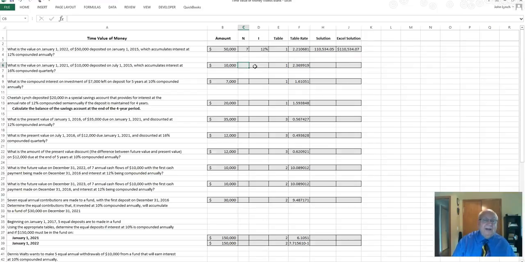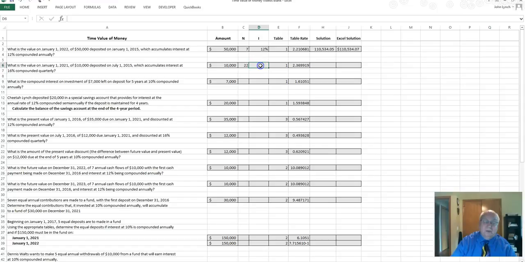Okay, for the next one, what is the value of January 1st, 2021 of $10,000 deposited, this time on July 1st, so we did a little different, which accumulates interest at 16% annually. So the number of payments then is going to be, well, it's 6 years and it's paid quarterly, so that's times 4, but we want to subtract 2 because we didn't start till July 1st, so it's 2 quarters that are out of there.